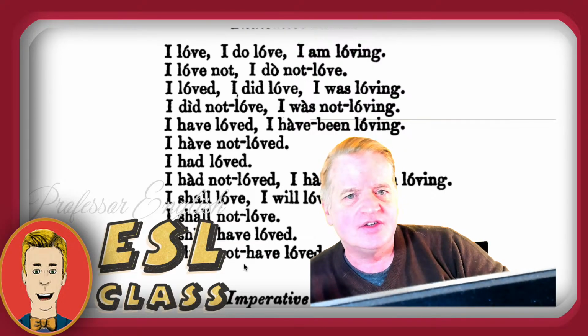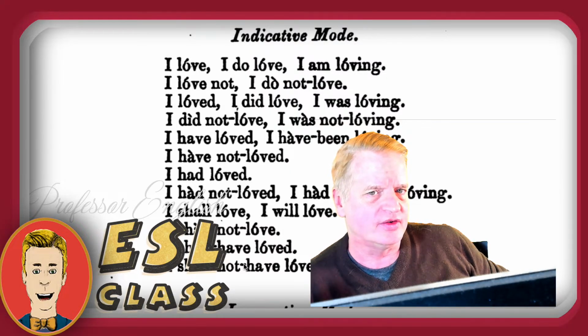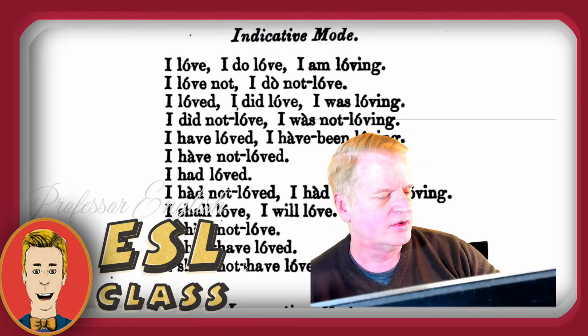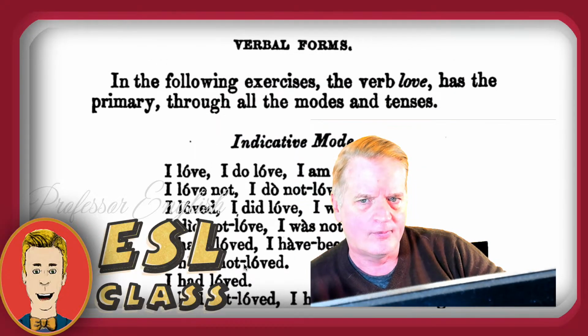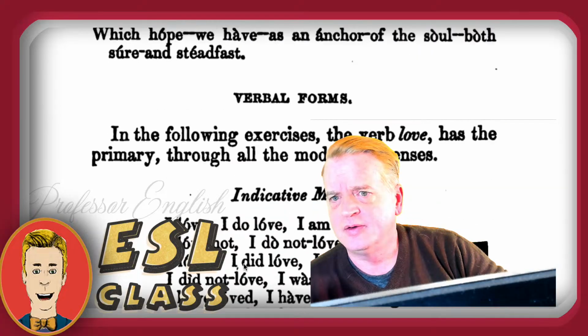Okay. So, can you see on the screen, Mohammed, the first line? I love, I do love. According to the markings, how would you read all three of those words? I love, I do love, I'm loving.